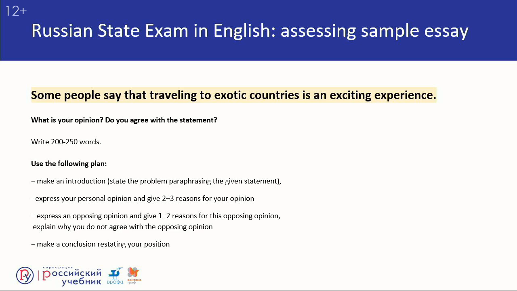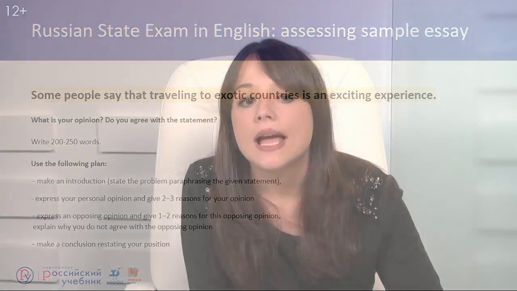Our students should make an introduction, state the problem paraphrasing the given statement, express their opinion giving 2-3 reasons, express an opposing opinion giving 1-2 reasons, explain why they think that this opinion is not the one that they would like to share, and make a conclusion restating their position, right?